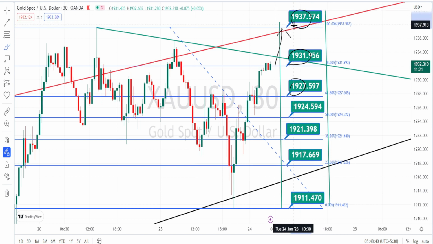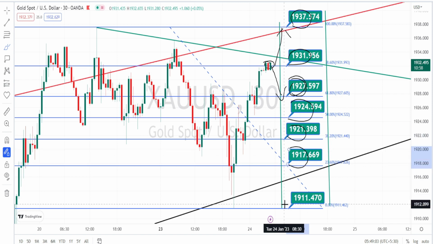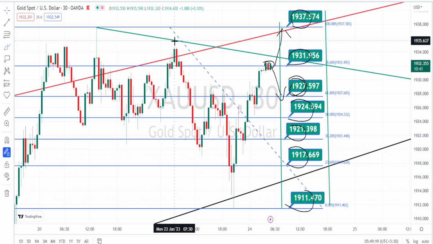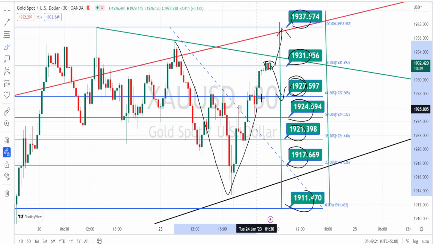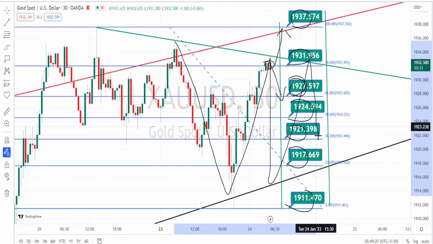Please refer to the hourly time frame resistance levels for the bullish side. And if the price action bounces back from this resistance level of 1931, the immediate supports are going to be around 1927, 1924, 1921, 1917 and 1911. And currently the price action in 30 minutes time frame is also under a consolidation within a triangle pattern.